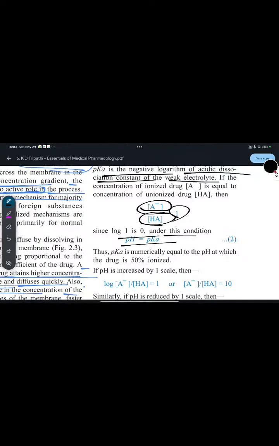That means if you take the pKa of the drug, and consider the pH of the site of administration as pH, see, this is the stomach. In the stomach, what will be the pH?